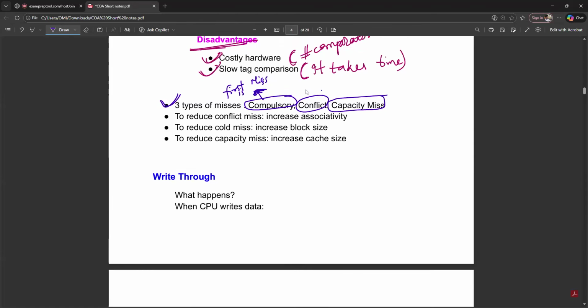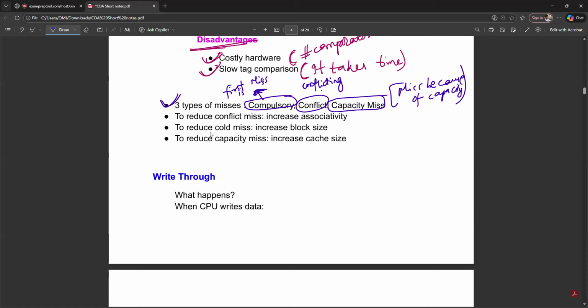Conflict miss I have told above: if something is conflicting, then it is a conflict miss. And if a miss happens because of capacity, it is called a capacity miss.